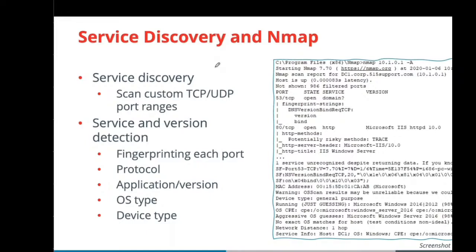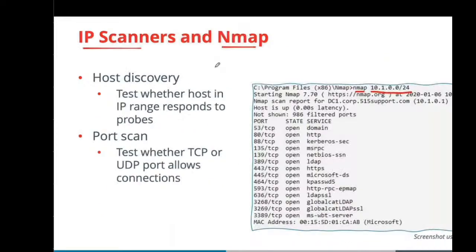In this particular command, there is no switch used by Nmap. The services are listed: 53 is the domain service, 80 HTTP, 88 Kerberos, 135 MSRPC, 139 NetBIOS, 389 LDAP, and so on.